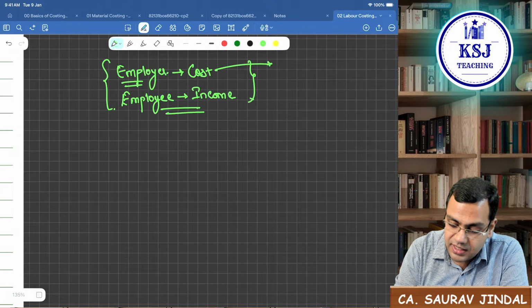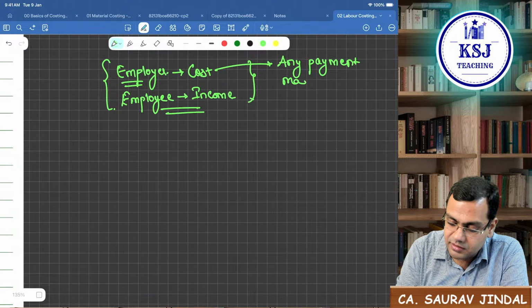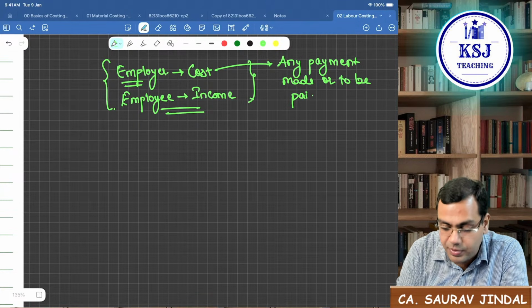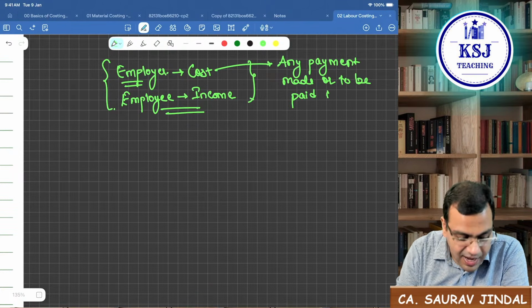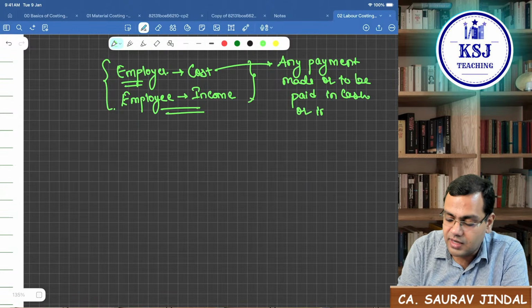Cost is any payment made or to be paid, any amount paid or to be paid in cash or in kind.